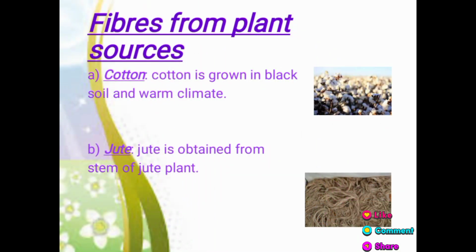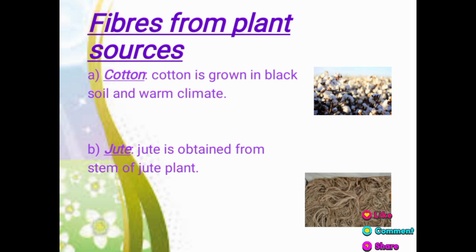Fibers from plant sources. Cotton is grown in black soil and warm climate. This is the fiber we get from a plant. This plant is grown in black soil and warm climate only. We usually use cotton dresses and cotton cloth for wearing.